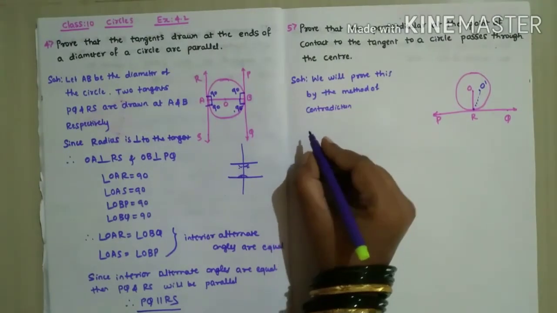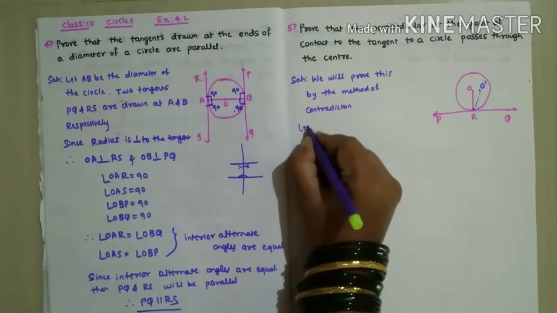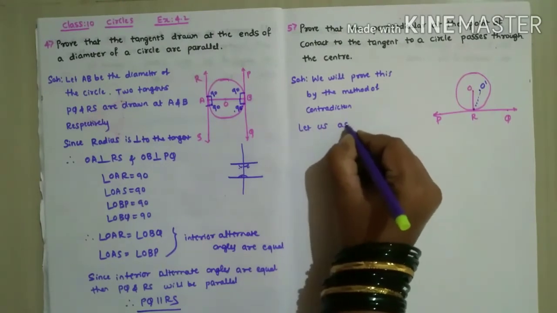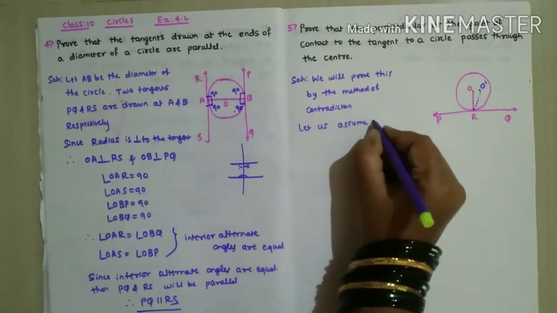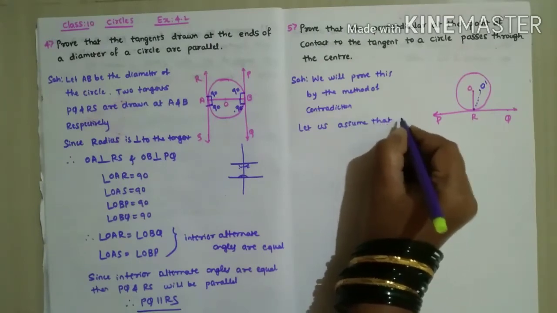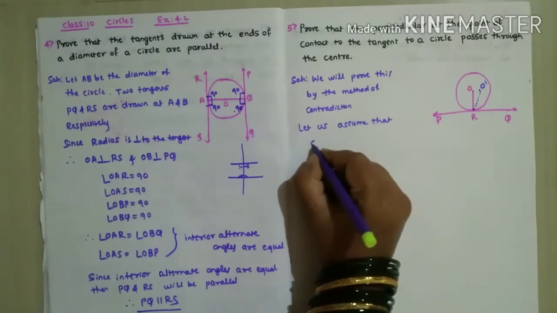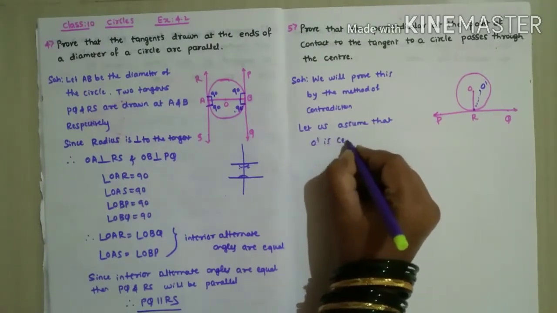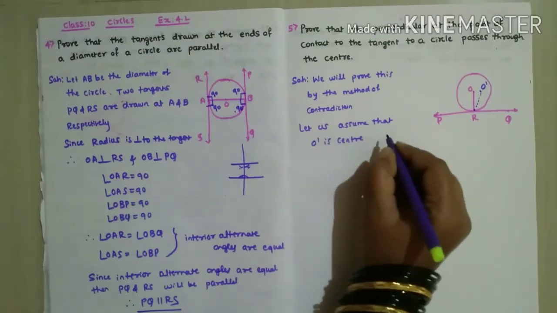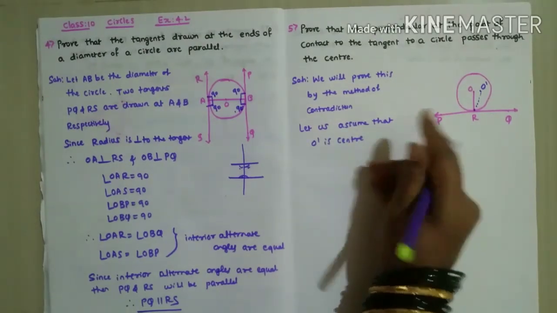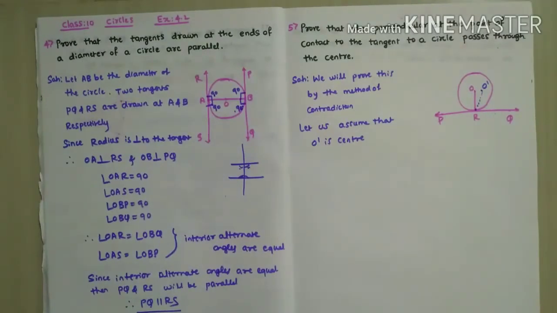So let us assume that O dash is the center. Just to assume that O dash is the center here.